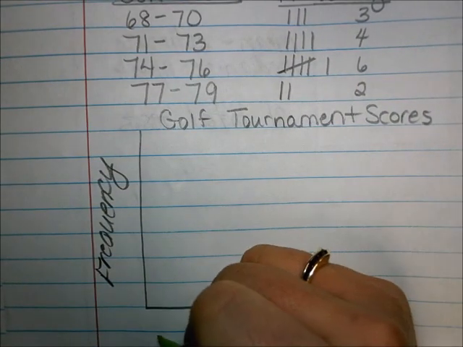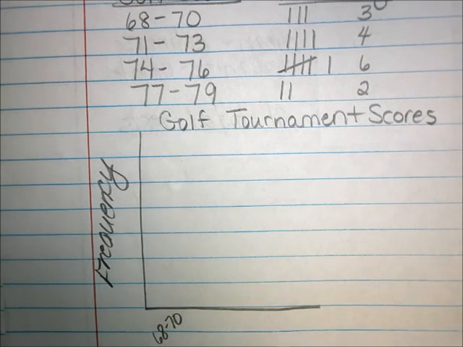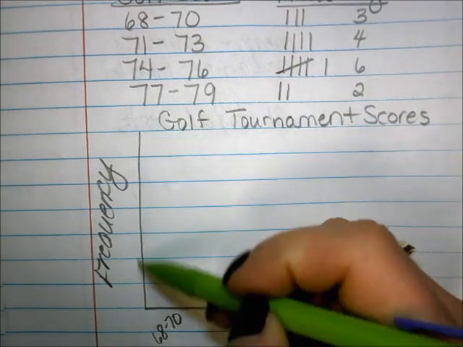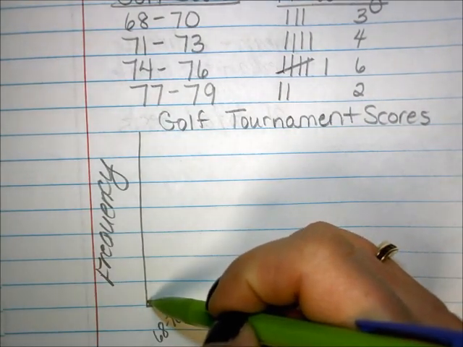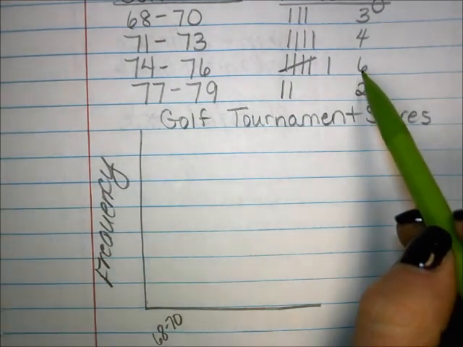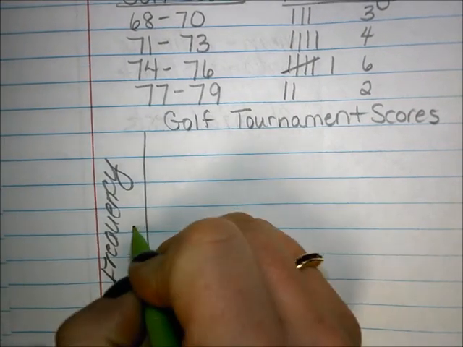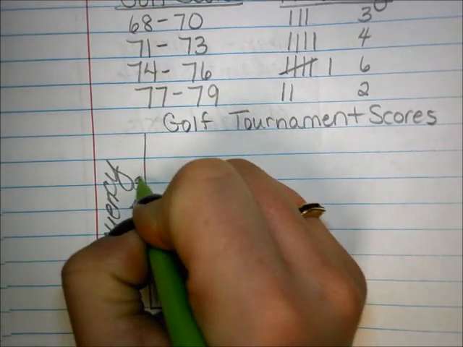Our first interval is 68 to 70, and there were 3 of those. So I have to decide what I'm going to make my intervals on the y-axis. My biggest number is 6, so I think going by ones is more than reasonable. 1, 2, 3, 4, 5, 6.